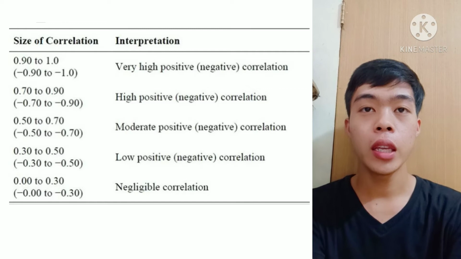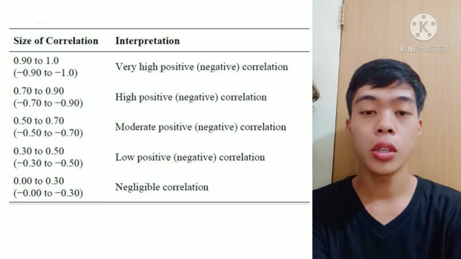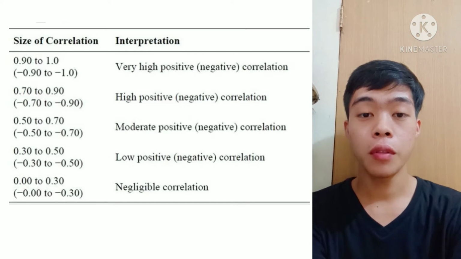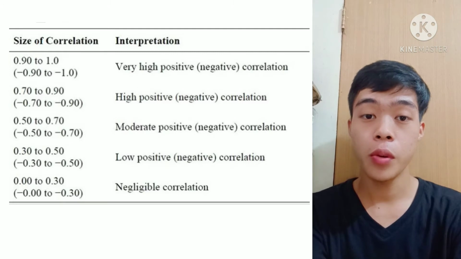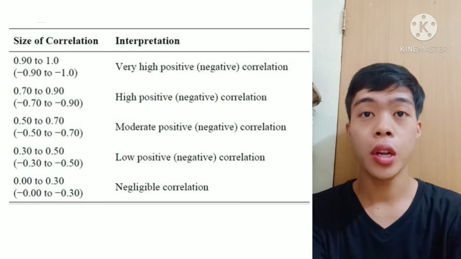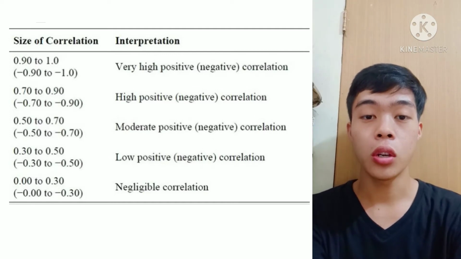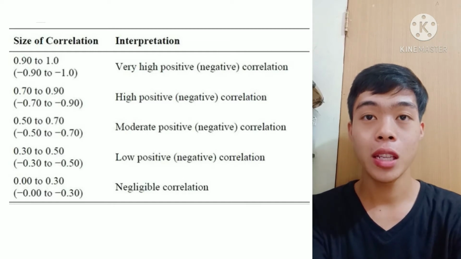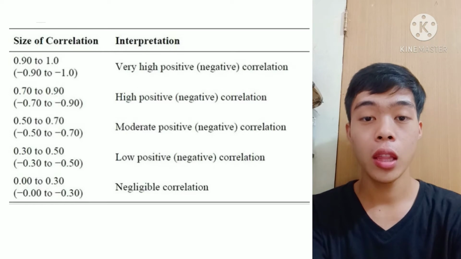Remember, in getting the interpretation of correlation, we should think of the size of correlation. If the size of correlation is positive or negative 0.90 to 1.0, it means very high positive or very high negative correlation. If it is 0.70 to 0.90, positive or negative, the interpretation is high positive or high negative correlation.